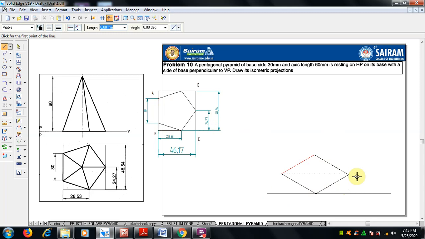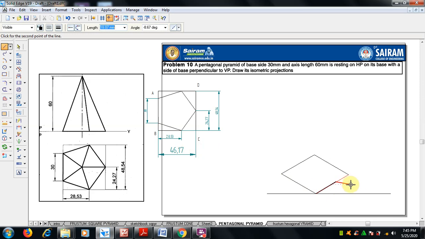Why I have marked the names is to avoid confusion about where to start and where to go, right? So from here, what is the distance? B to C, 28.53, right? So now I am going to draw a line. The base is done, and from here this is the corner B, isn't it? So B to this point 28.53, 28.53 at an angle of 30 degrees.